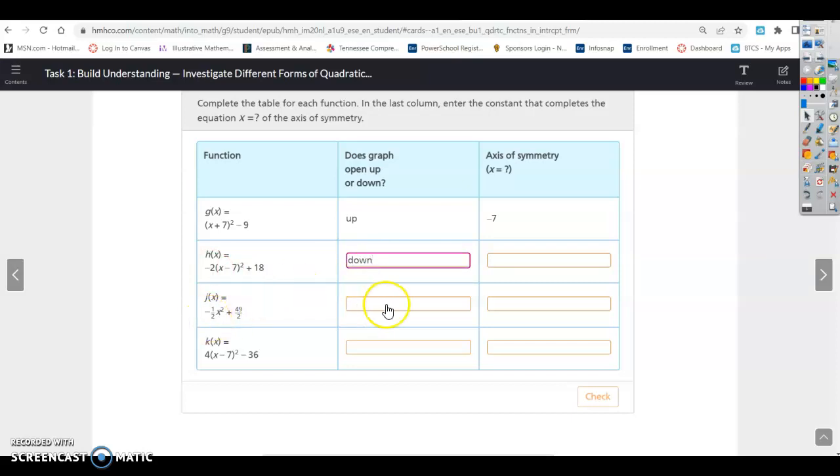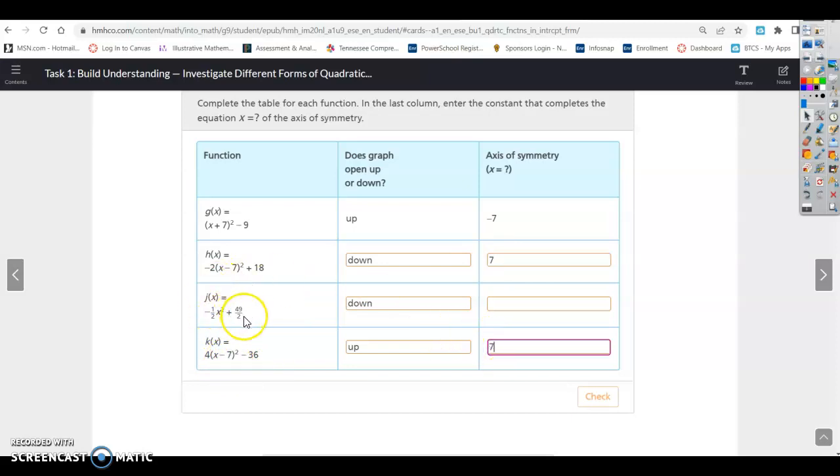This one is negative, so this one's going to be down. The 4 is positive, that's your a value, so that means it's going to be up. And then the axis of symmetry. So if it's in vertex form, it's whatever your h is. So it's going to be the opposite of -7, which is 7. This one's also in vertex form, so the opposite of -7, which is also 7.